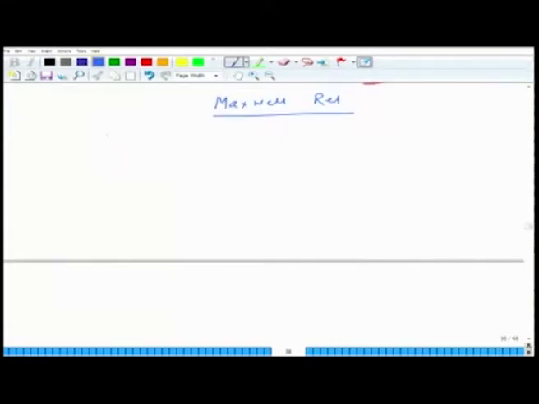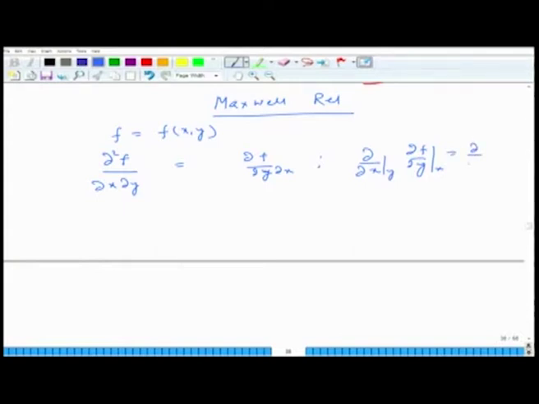I will just quickly describe this and then we will get back to this particular expression. Let me take a function f, and what we are interested in is the second derivative, which we can write as del f del y del x, or you can also write it the other way.